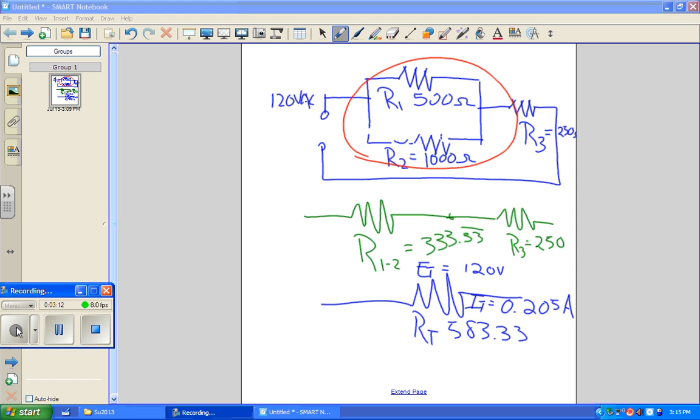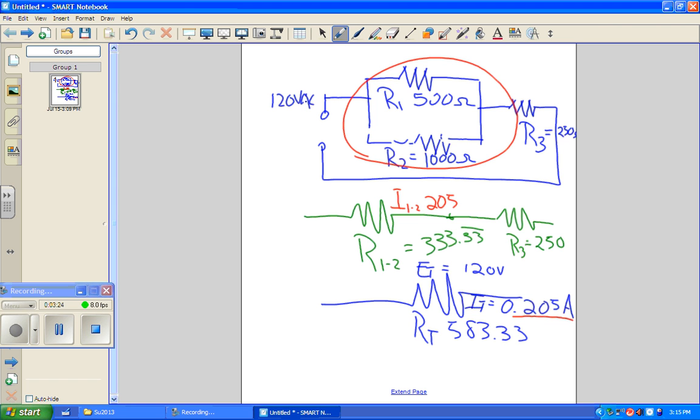So we're going to pull this current out and plug it into this thing right here. So our I12 is 205 milliamps. Let's say 0.205 amps for simplicity.